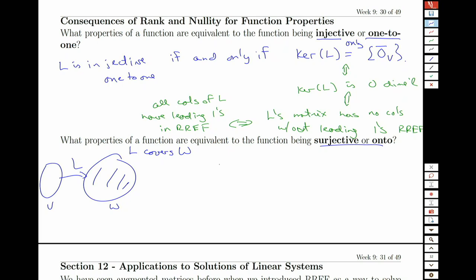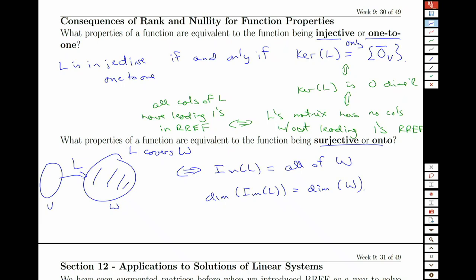I think we could say that's the same as saying the image of L is equal to all of W. And another way to say that is that the dimension of the image of L is equal to the dimension of W. If I cover it all, they must have the same dimensionality.